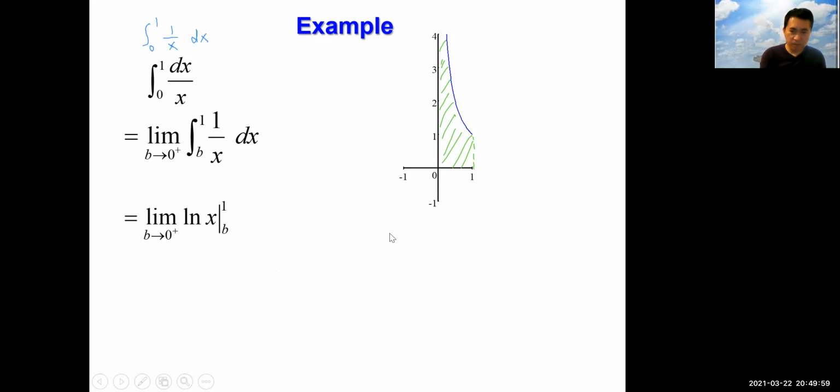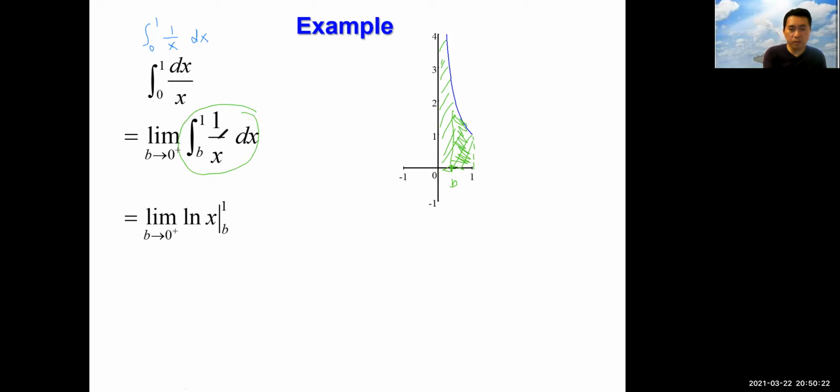So what happened is you would consider that here is B. So we consider this area, and then when we figure that out, we let b approach 0 from the right. Now, this is the proper integral.